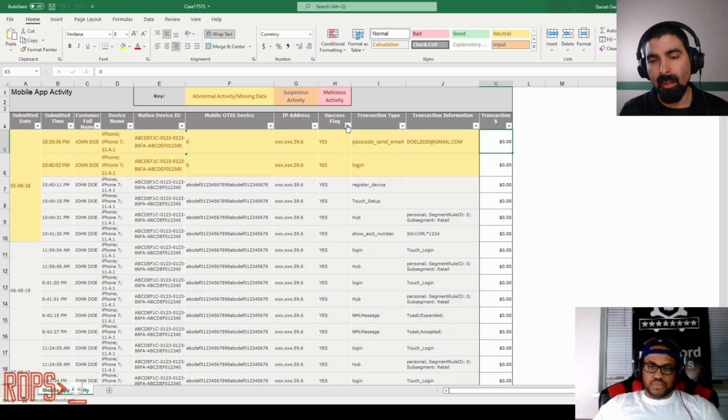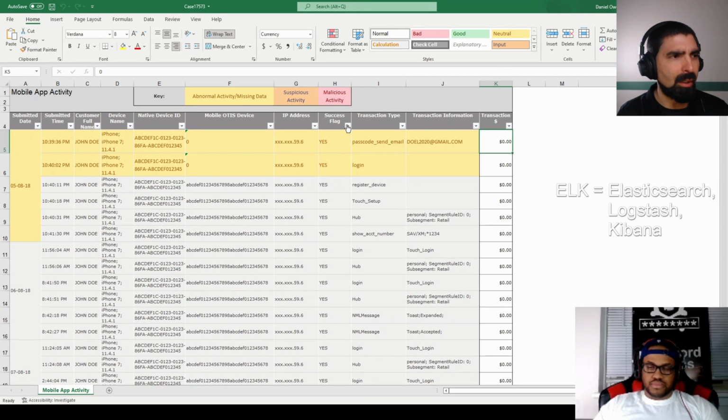I know if you're talking to someone in the SOC, they'd start screaming about using Splunk, but that obviously doesn't apply here. Certainly, we could use an ELK stack, but that would be ludicrous.